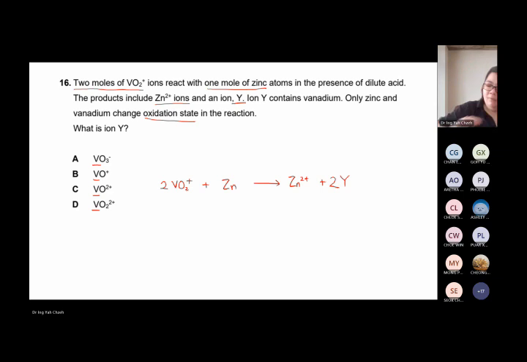Okay. Right. Now I'm going to continue now. I'm going to find the oxidation states of vanadium and zinc on both sides. Why? Because question tells me that only zinc and vanadium change oxidation state. You see, in the presence of acid, so acid is involved, but the H plus oxidation number didn't change from beginning until the end, so I ignore.